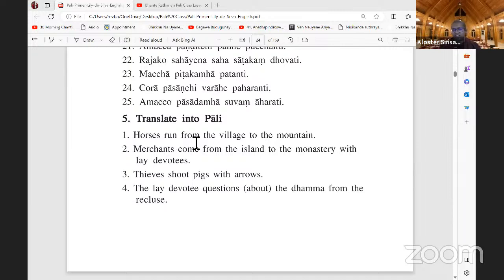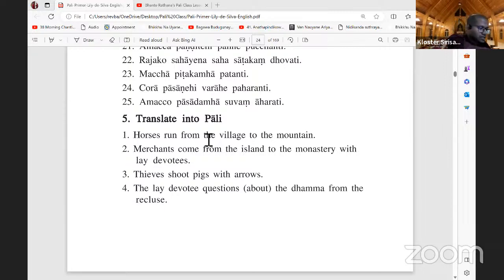I know what you asked about this sentence, right? That person gets separation from the village, and then he goes toward the mountain. So when there is separation, we use the ablative case, Panchami Vibhakti.